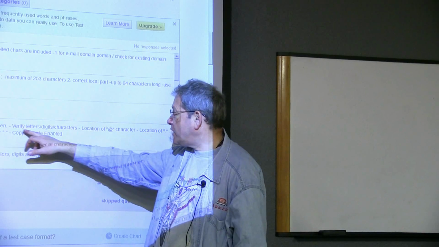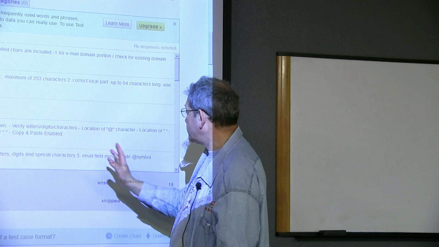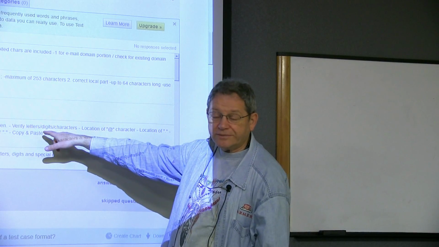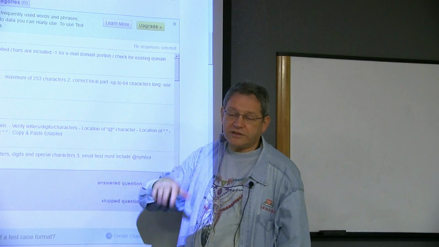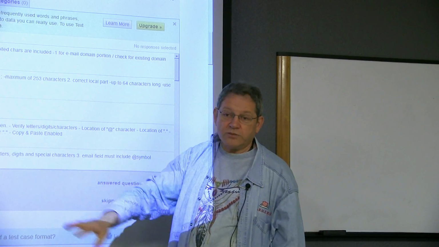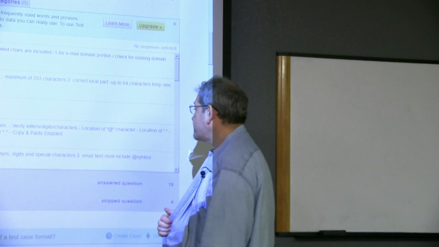Okay. Letters, digits, characters, good. We just have to do that thing for mailbox and for domain separately, because prohibited characters, or let's say allowed characters, for domain name and for mailbox are different. We have different sets of characters allowed.